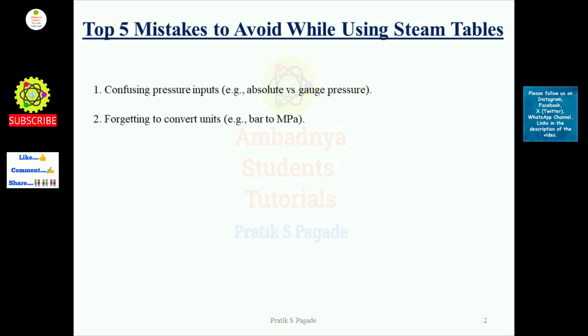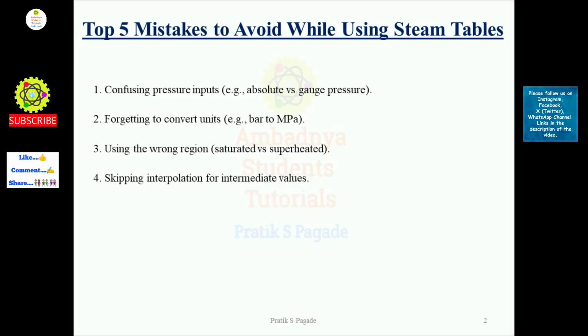Third is using wrong regions, that is saturated versus superheated. Fourth, skipping interpolation for intermediate values. It is very important, students. Fifth is misinterpreting steam quality calculations. Okay, so let's now see each mistake one by one and how to avoid them.